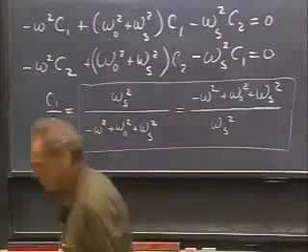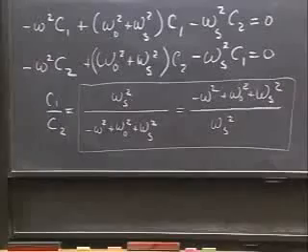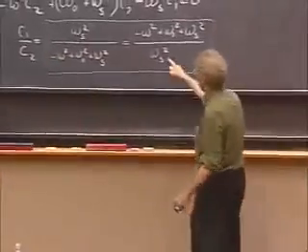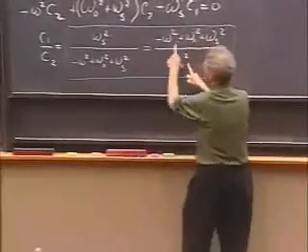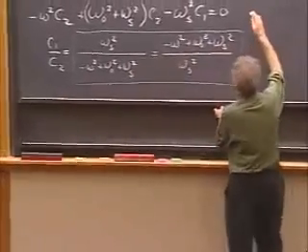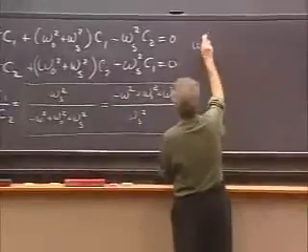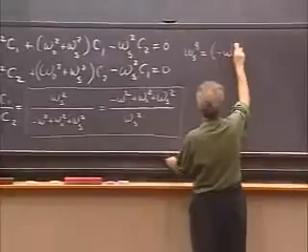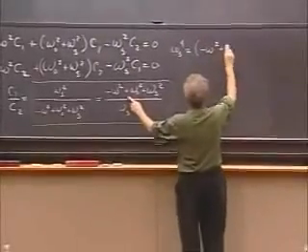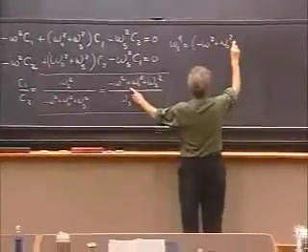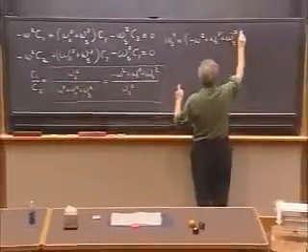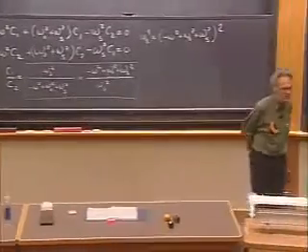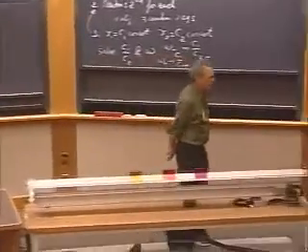So what do I do now? Well, I'm going to simplify this one step further, which is now very easy. I multiply this by this, and this with this. So we get omega s to the power 4 is minus omega squared, plus omega 0 squared, plus omega s squared, squared. One equation with one unknown.